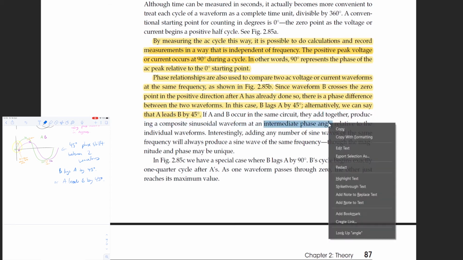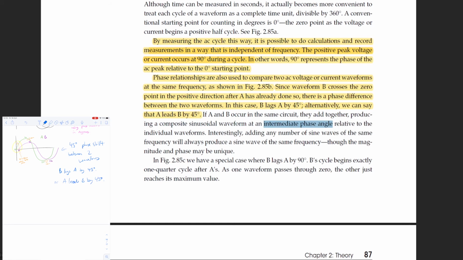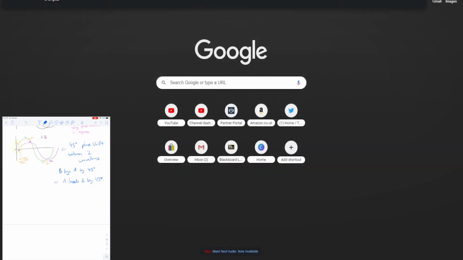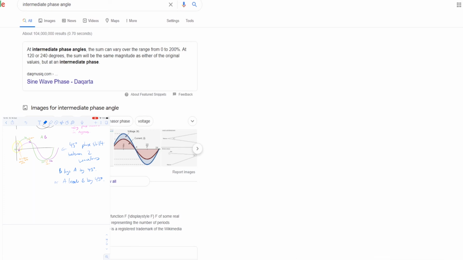Intermediate phase angle. Love it. So at intermediate phase angles, the sum can vary over the range from 0 to 200%. At 120 or 240 degrees, the sum will be the same magnitude as either of the original values.